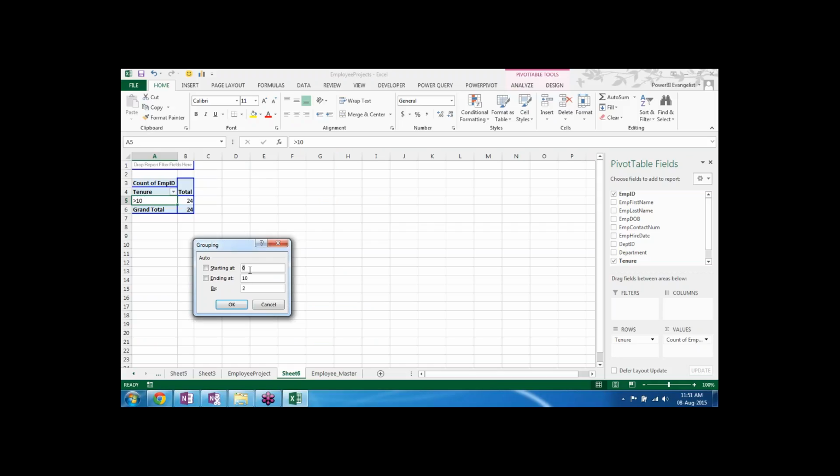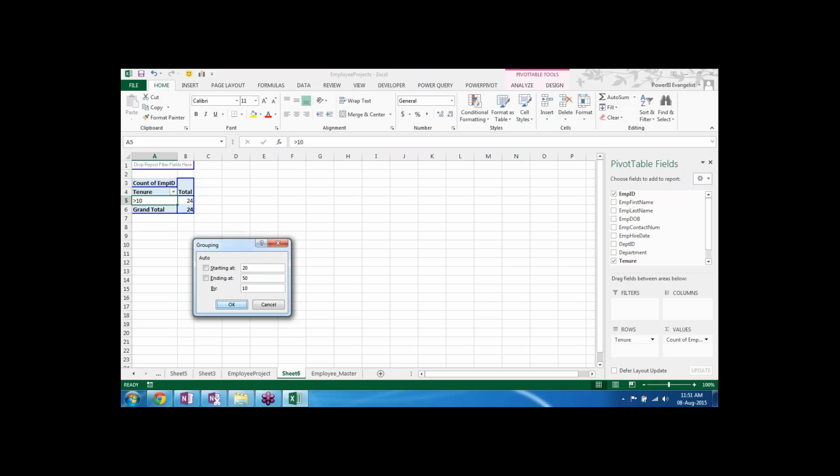So we will say the starting as 20 and the ending as 50. I wanted to check this one, and my grouping should be based on 10 months.